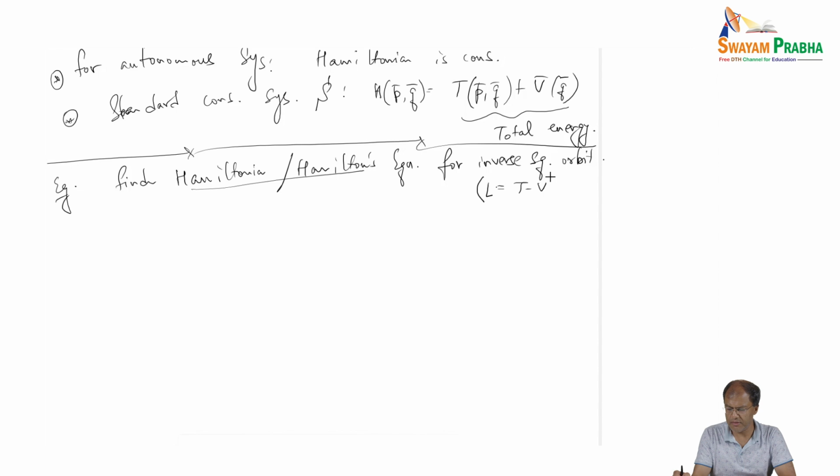So we know the Lagrangian is T minus V. This is for the inverse square orbit, right? So we know that the orbit problem is conservative.